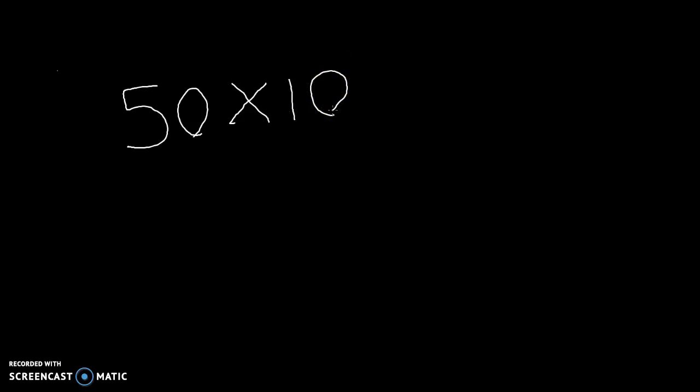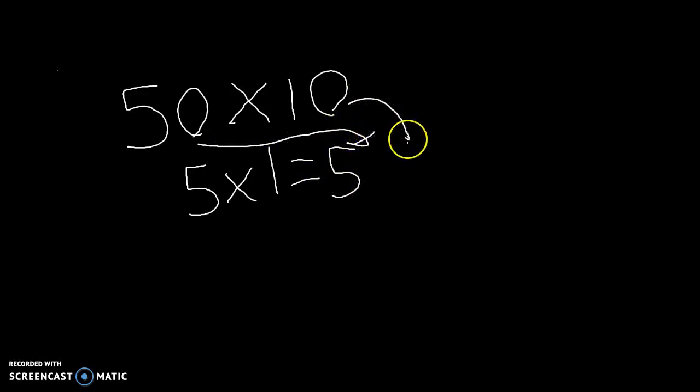Did you figure it out? Let's go over it real quick. So what you're going to want to do is do 5 times 1 equals 5, and then you're going to carry the 2 zeros. So 50 times 10 equals 500.